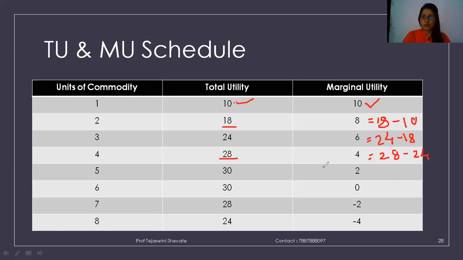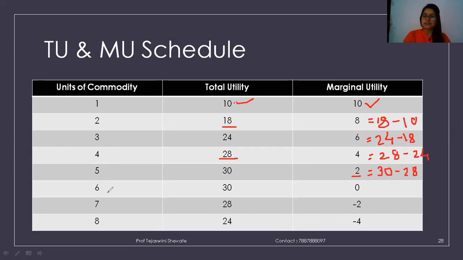I keep doing this. When I consume the fifth mango, the total utility is 30, and the marginal utility is 30 minus 28, that is 2. That means I am just getting 2 as utility when I consume the fifth mango.